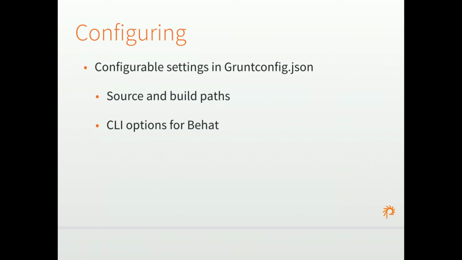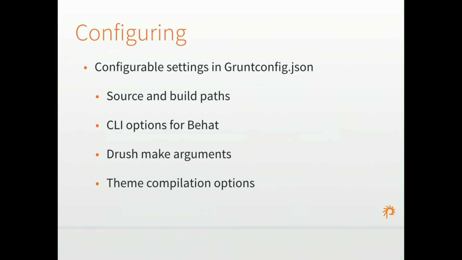You could add, and these are just examples, command line options for Behat. So say you want to always run Behat tests with a certain tag, like work in progress. You're only testing certain tests that you're currently working on rather than your whole test suite. Maybe you want to specify some Drush make arguments, and there might be some theme compilation options.